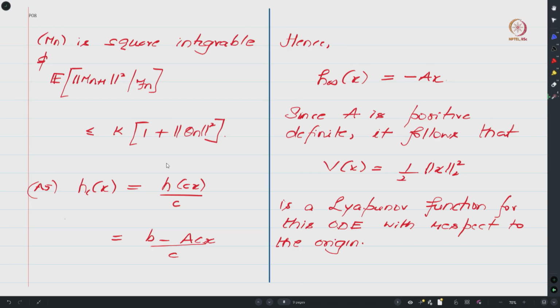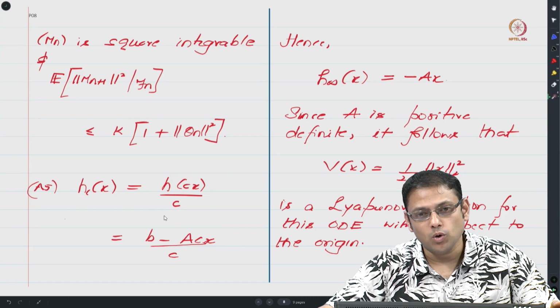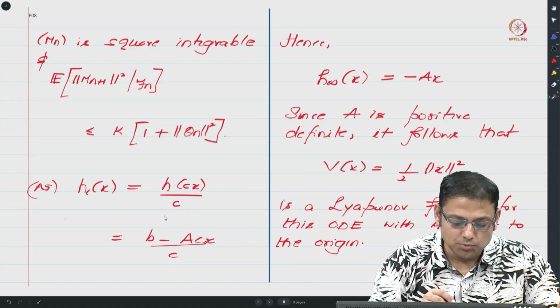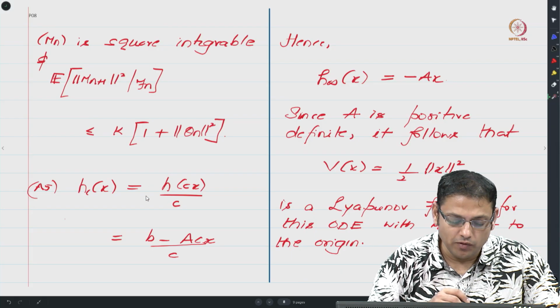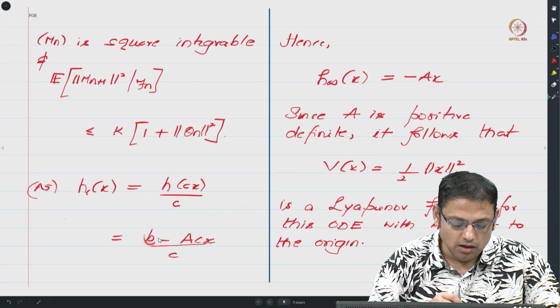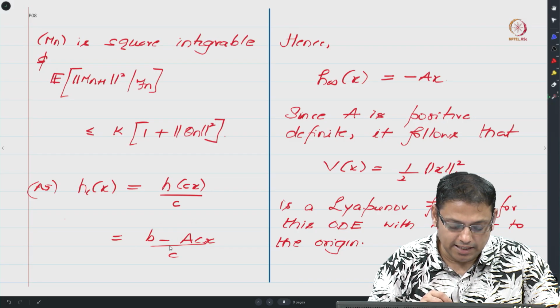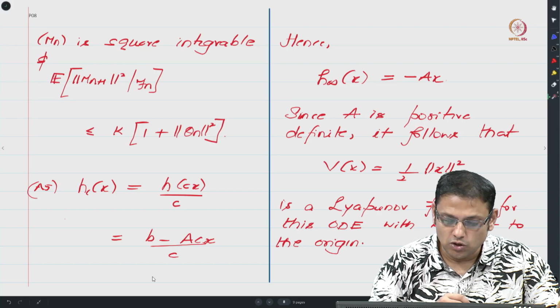Towards that we had defined this function h_c, which was h of Cx by C, where C is any scalar bigger than or equal to 1, and if you substitute this Cx in the definition of h, one can see that we would end up with B minus ACx, and this C will cancel off with this C.